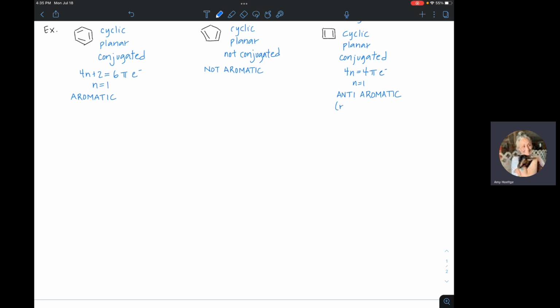So these are really unstable. And for us, that means they're really reactive. So this is sort of mildly unstable. When we say unstable, we don't mean like this is going to blow up in your face kind of a thing.